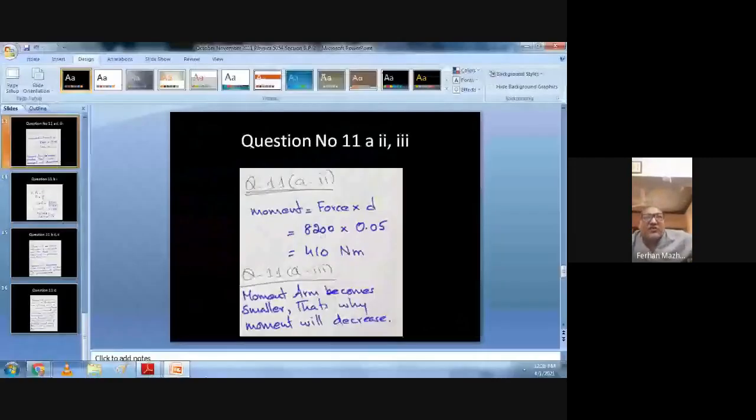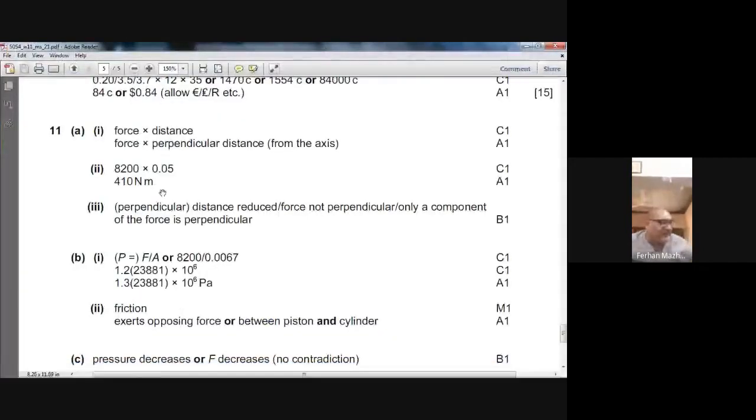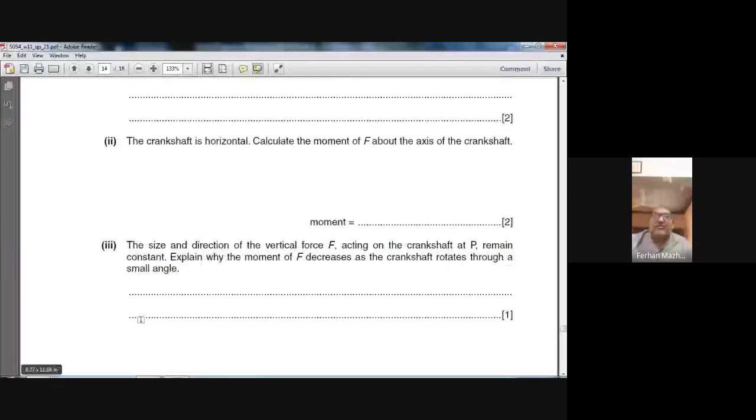The marking scheme also says 410 Newton meter. Muskan and Zainab, are you done with this numerical? Yes, sir. Okay, so we are moving to the next question.